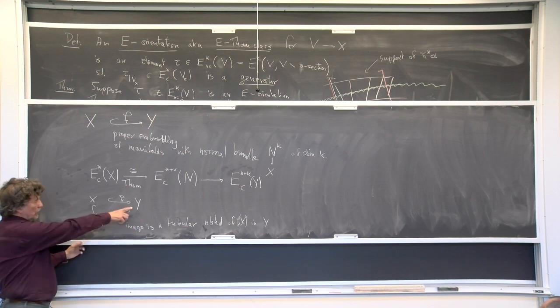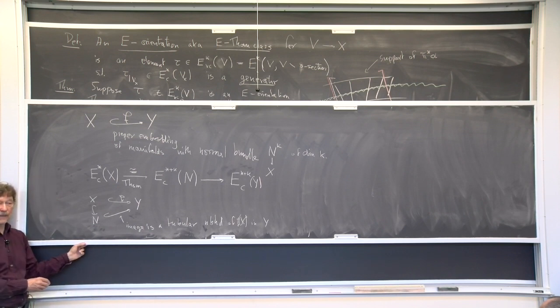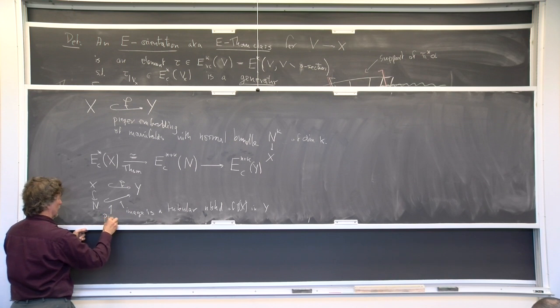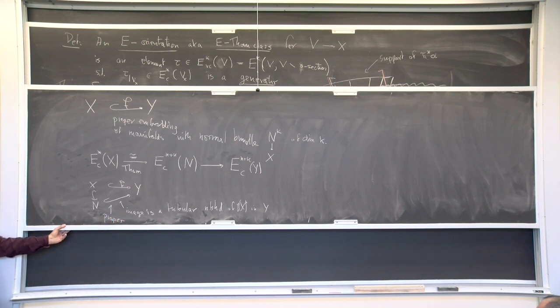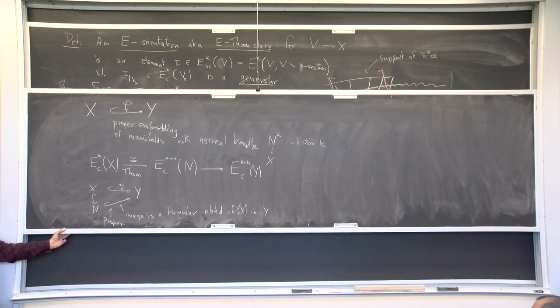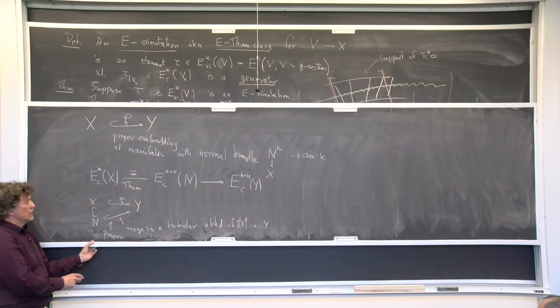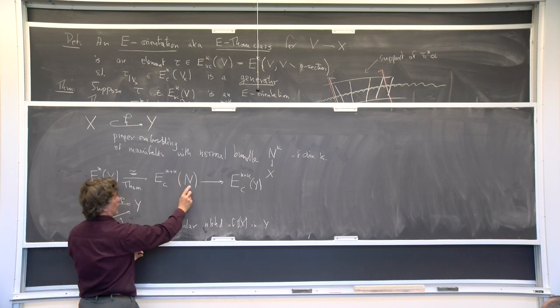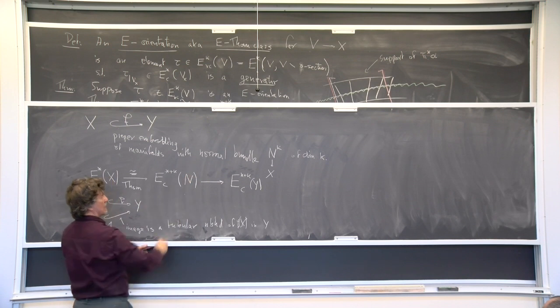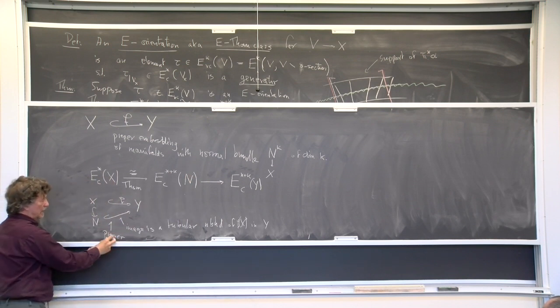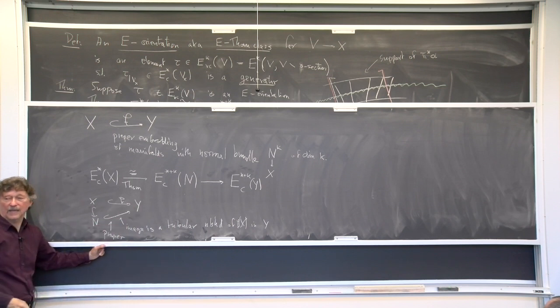And this is, again, going to be a proper embedding here. So the arrow between cohomologies goes that way because it's compact support. Exactly. That's exactly the point. I have a cohomology class in here, which is supported on some compact set. Under this proper embedding, that goes to some compact set in there.